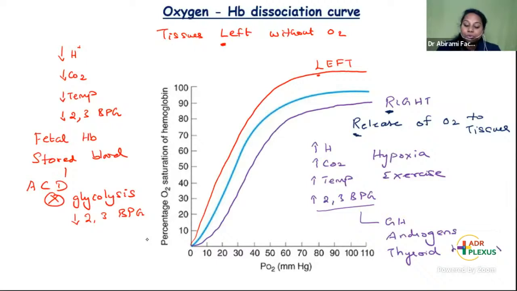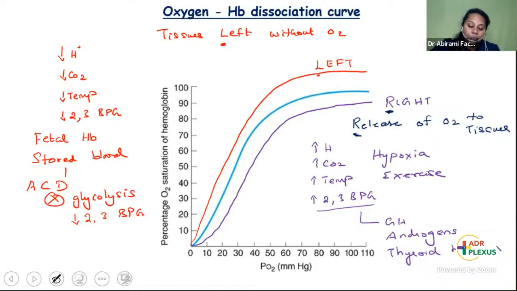So you should not give blood which is stored with acid citrate dextrose to hypoxic patients, because acid citrate dextrose is going to inhibit glycolysis, no 2,3 BPG, left shift of the curve, all hemoglobin is going to hold the oxygen, tissues are left without oxygen. Already the patient is in hypoxia. Moreover, you give this blood, tissues are left even more without oxygen. So it's very bad if you give this blood.